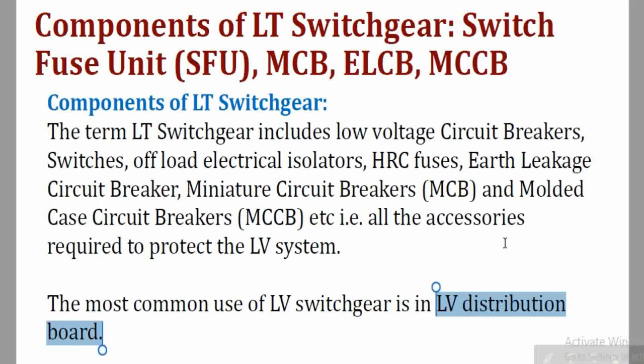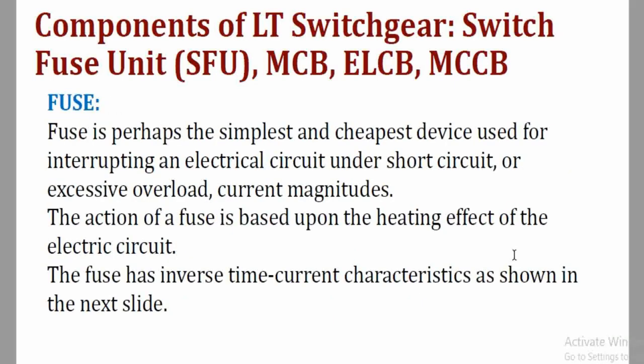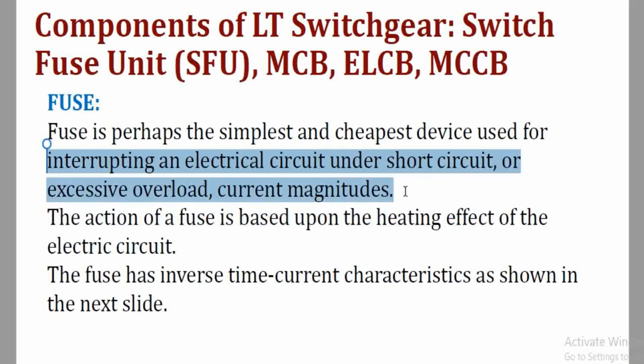Now let us see the first equipment used for protection of electrical circuits, which is the fuse. Most of you know what a fuse looks like. Let us see the definition of a fuse. A fuse is perhaps the simplest and cheapest device used for interrupting an electrical circuit under short circuit or excessive overload or current magnitude.